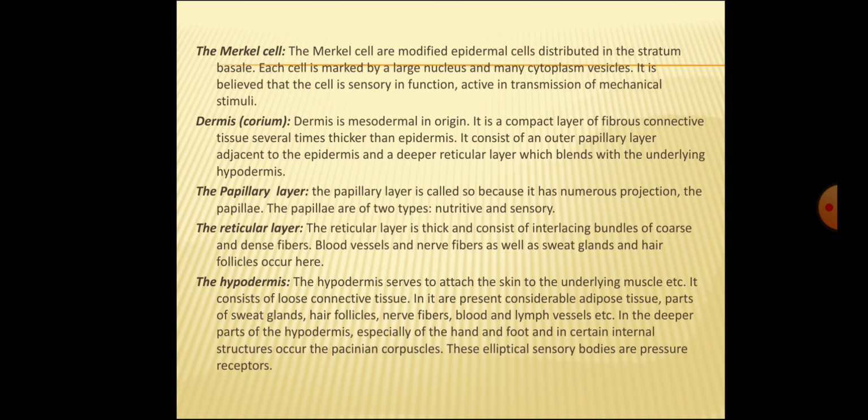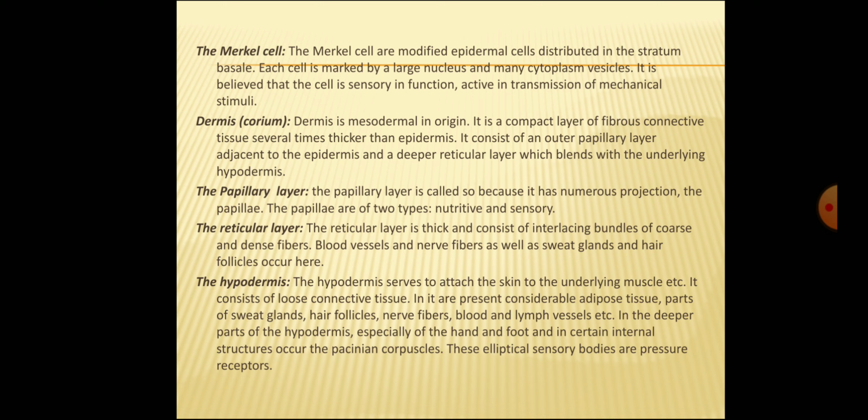The reticular layer is thick and consists of interlacing bundles of dense fibers, blood vessels and nerve fibers, as well as sweat glands and hair follicles. Below it, hypodermis is present, which serves to attach the skin to the underlying muscles.